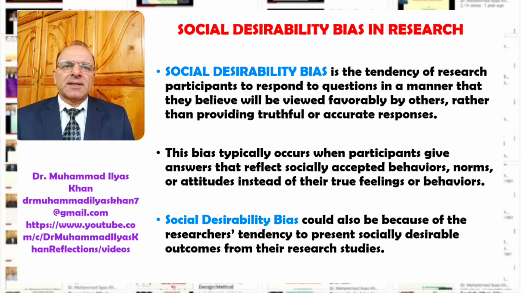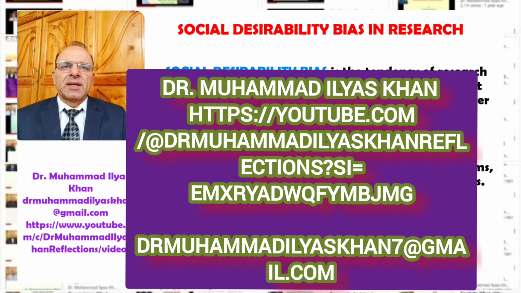Generally, this bias occurs because the participants give answers that reflect socially accepted behaviors or norms or attitudes. So there are certain behaviors, norms or attitudes in particular societies that are socially acceptable.